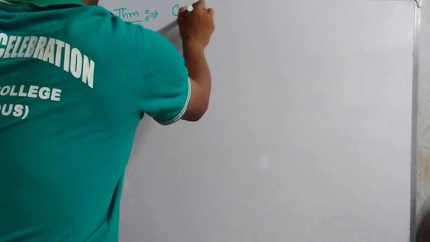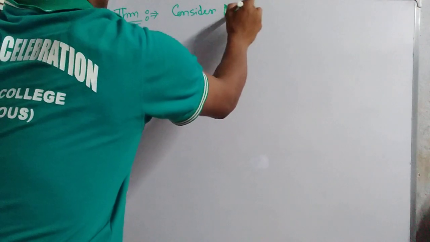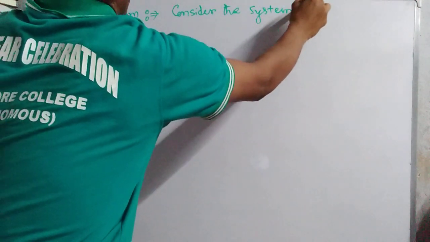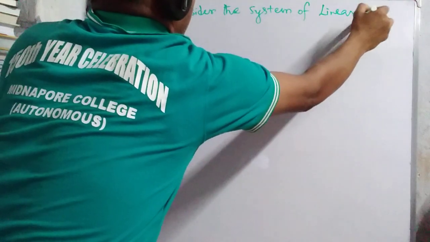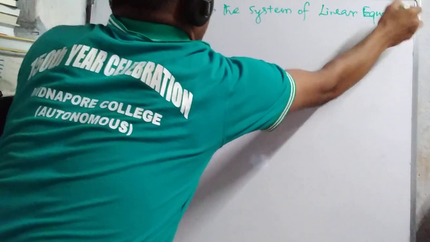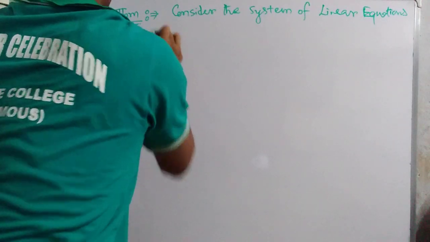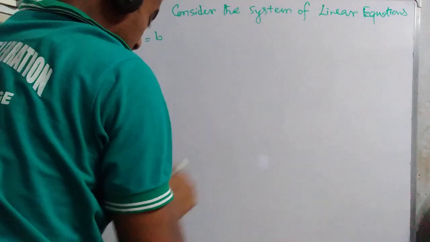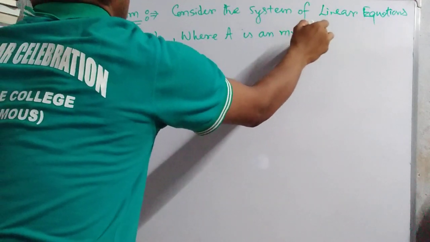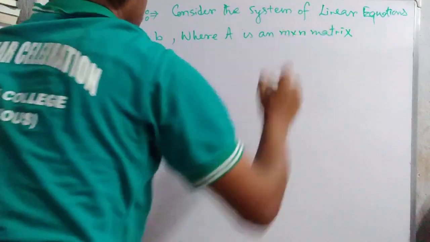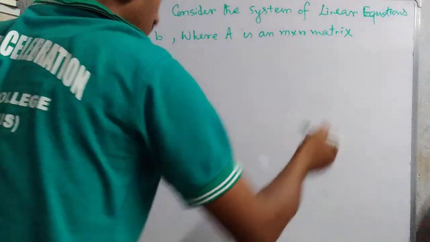Consider the system of linear equations Ax equals b, where A is an m cross n matrix and b belongs to F^m.